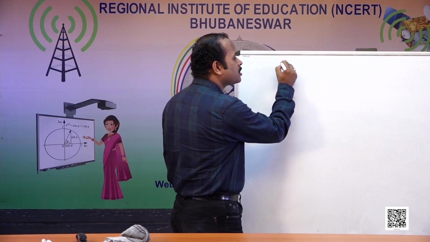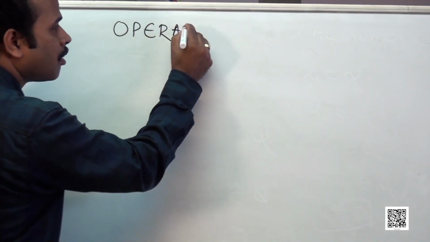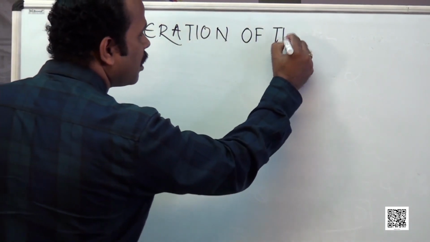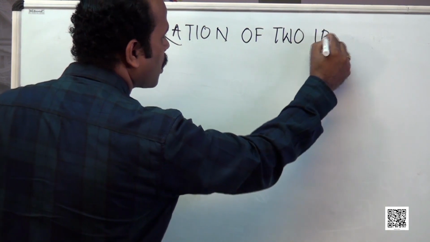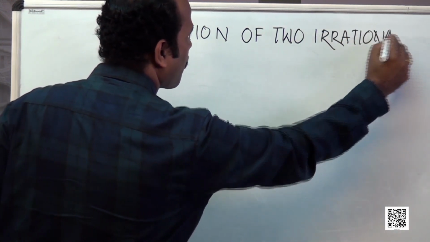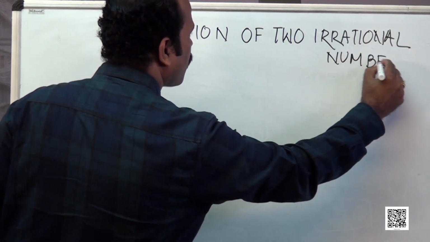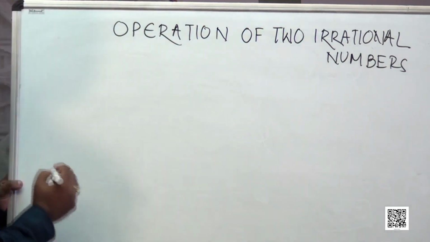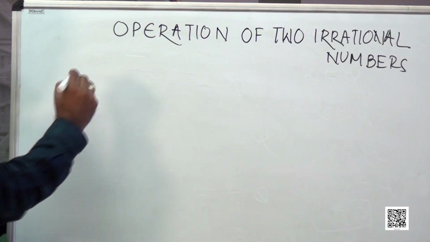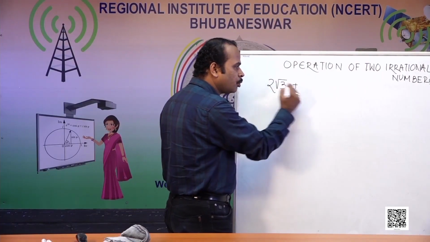So, operations of two irrational numbers. Let me take an irrational number, 2 root 3. 2 root 3 is an irrational number.